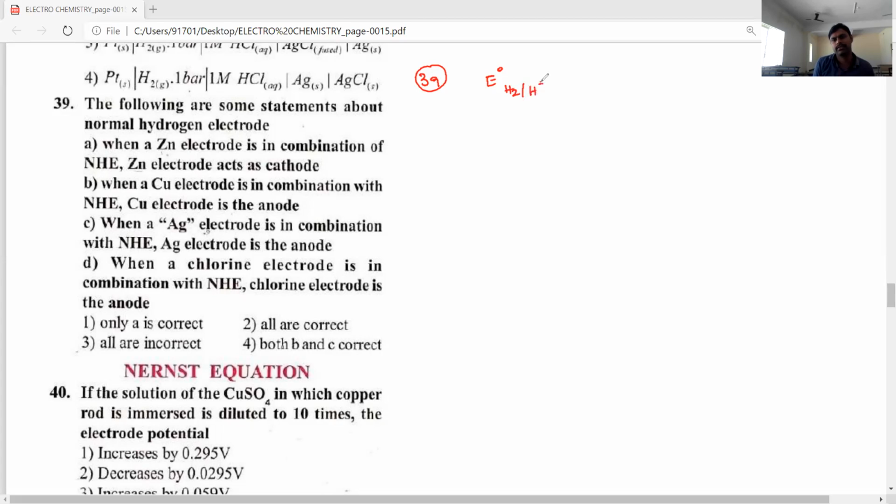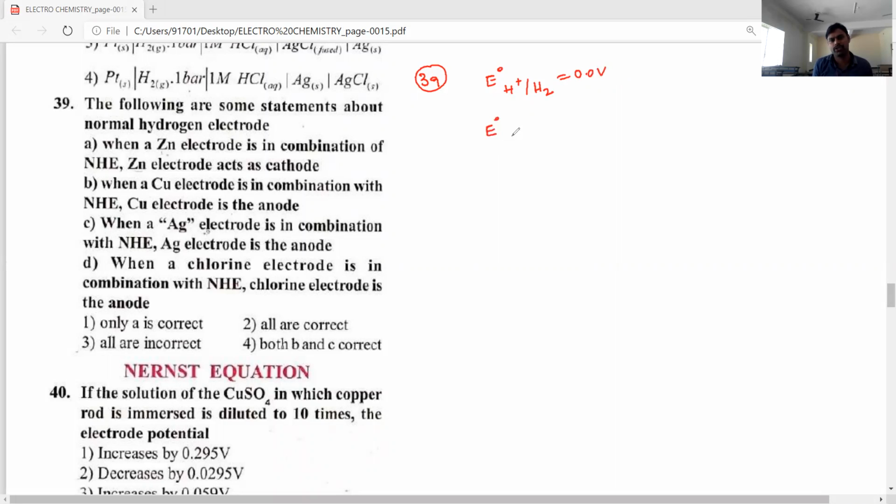by H plus is 0.0 volts, and the standard reduction potential of H plus by H2, it is reduction, is 0.0 volts.